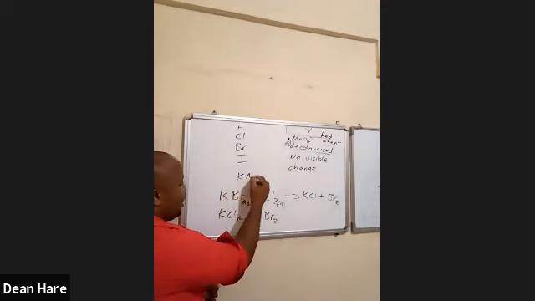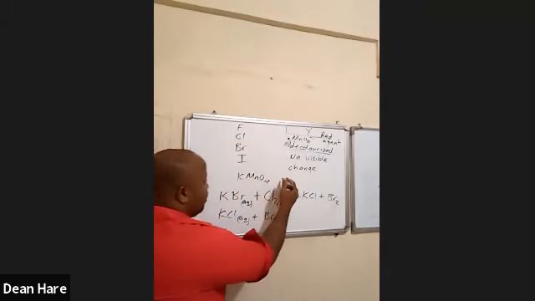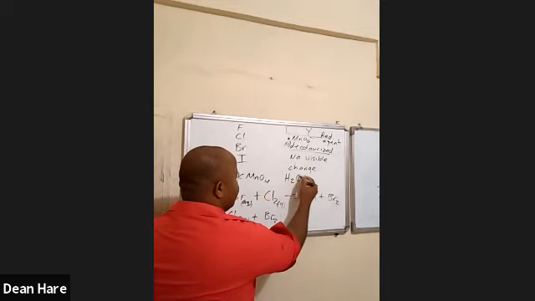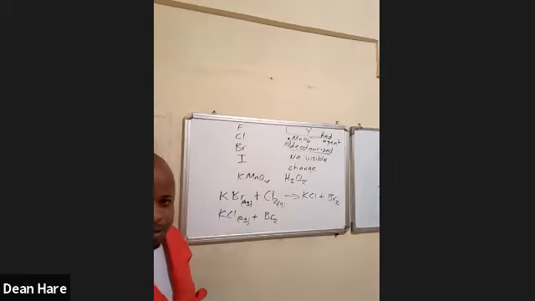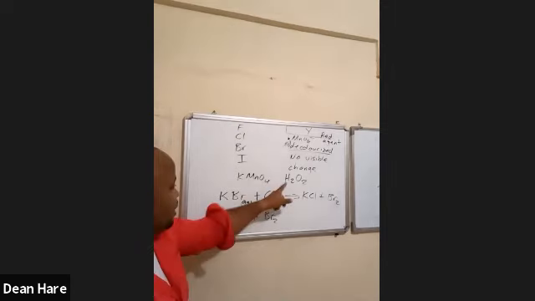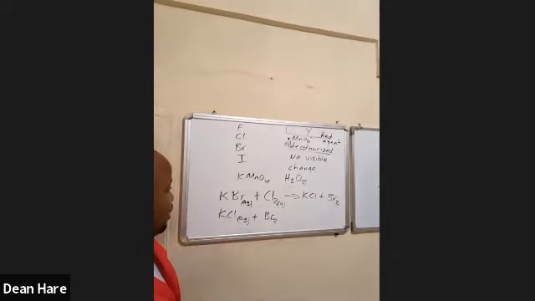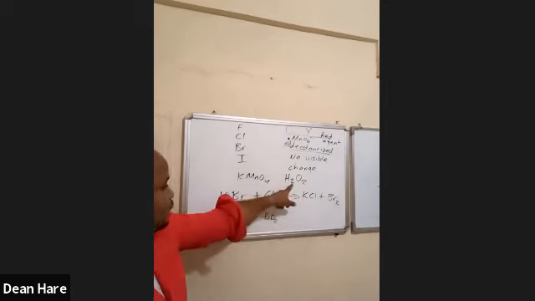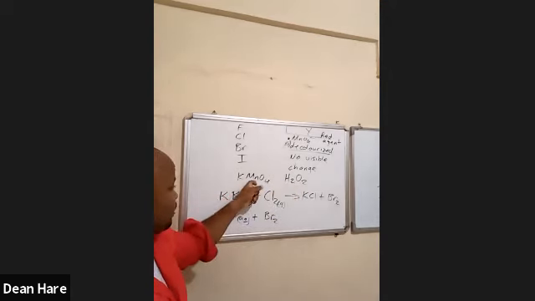But in terms of other agents, compounds that are not in a group, like KMnO4 or hydrogen peroxide, which can act as both, it's based on experiments. So this can act as both, but this one is strictly a reducing agent.